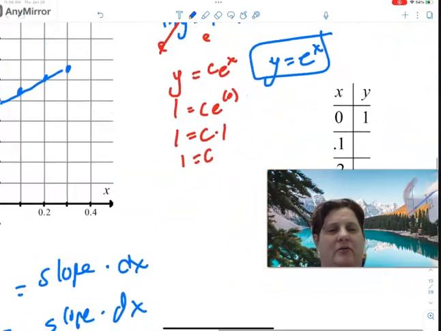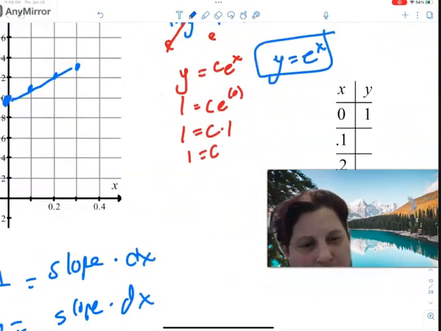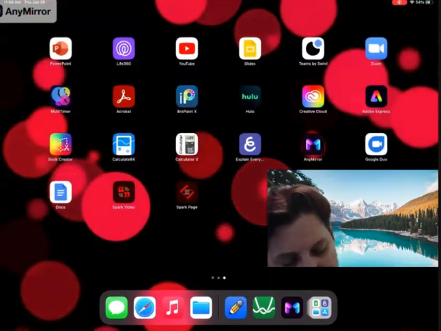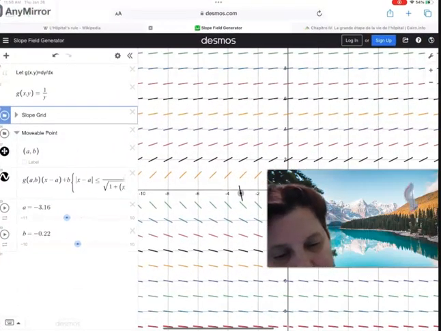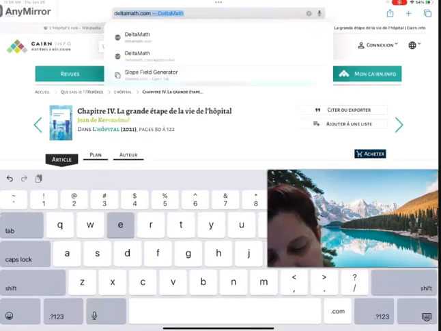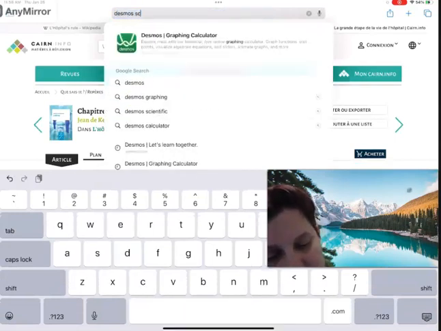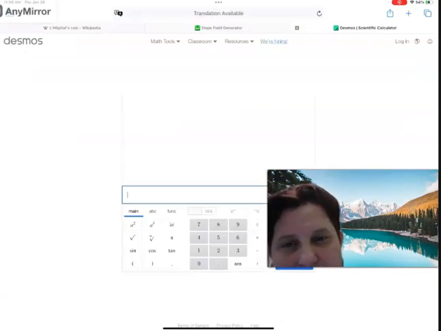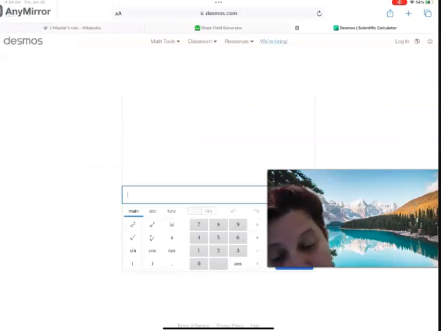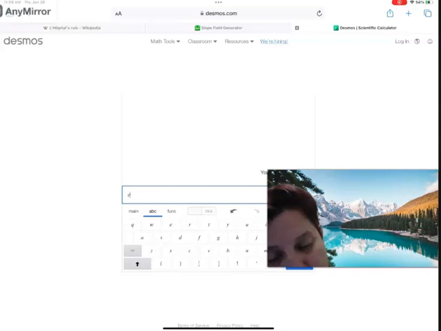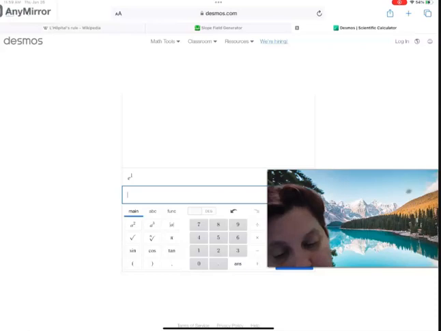So now I'm going to go to a calculator. Let's pull up a new tab here, Desmos Scientific. Okay, this will be easy enough. e to the 1, right?